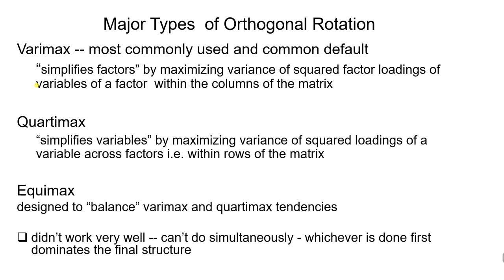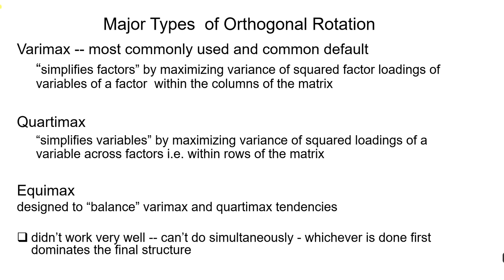It does the computation in such a way that the total variance explained remains the same, but one variable has a high loading on one factor and lower loading on the others, resulting in high variance of the row. So Varimax maximizes the variance of the column. On the other hand, Quartimax maximizes the variance of the row.